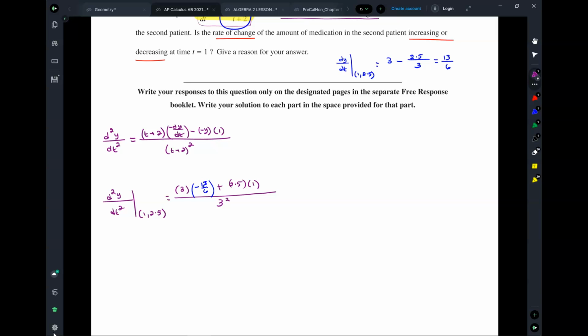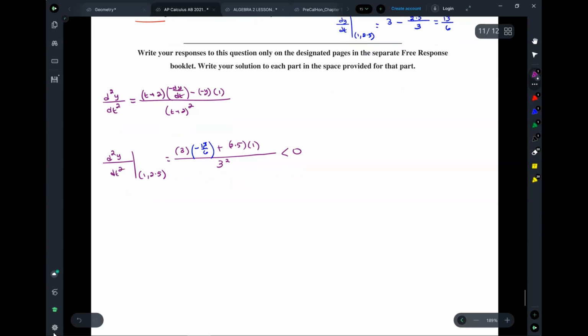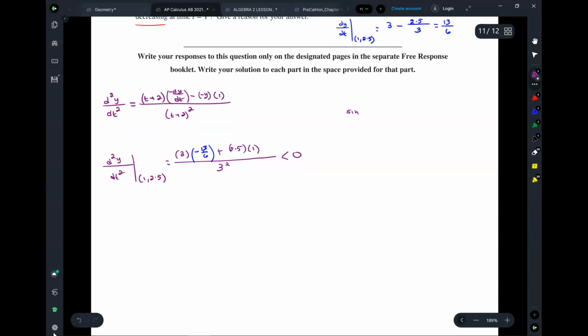This is negative 39 over 6, which is more than 5, and then plus 2.5. So this is a negative over a positive, so this is less than 0. You say, give reasons for your answer. You say, since d squared y dt squared is less than 0, dy dt is decreasing.